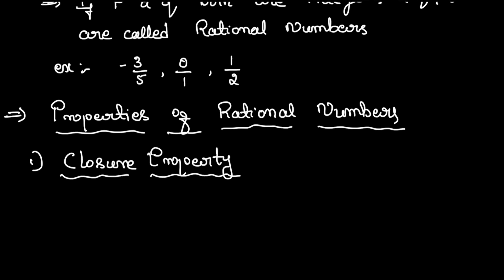What will closure property say here? If two rational numbers are added together, the result we'll get is again a rational number.